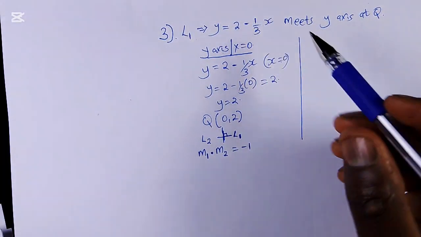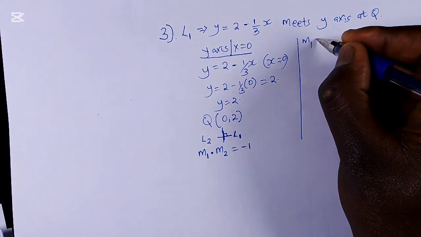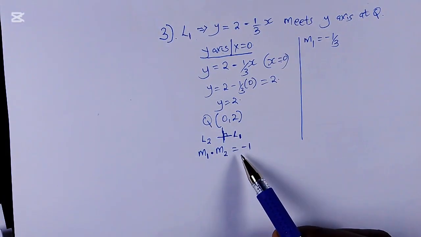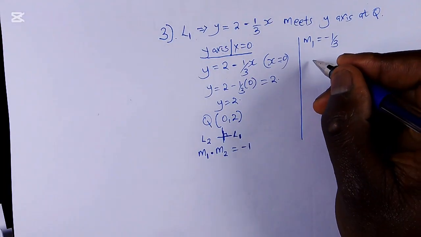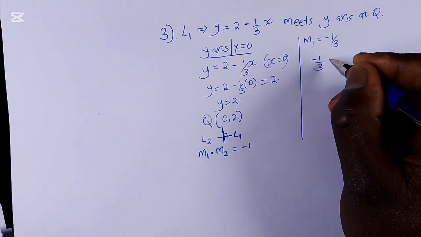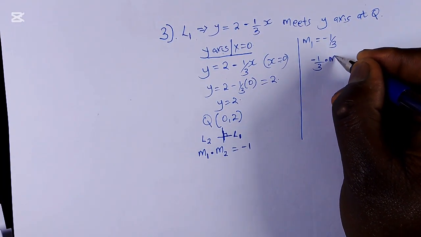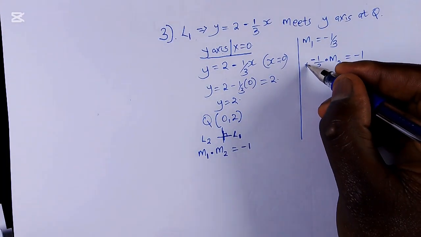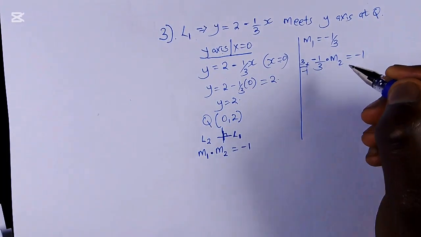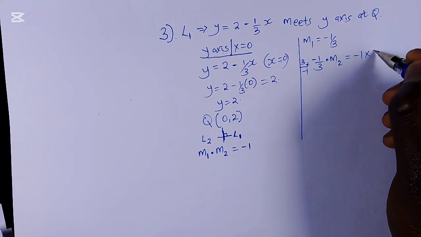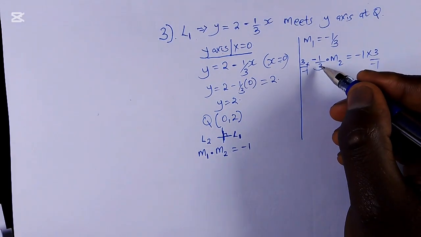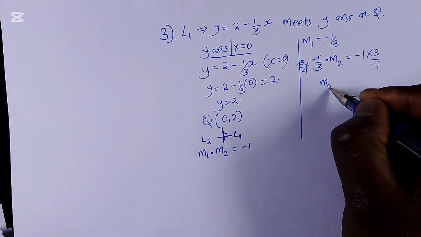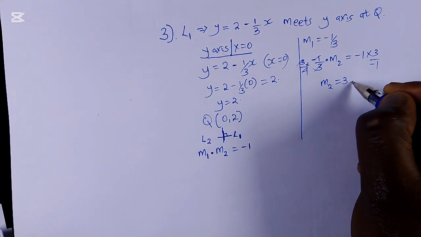Since we have the gradient of the first line as -1/3, we can determine the gradient of the second line: -1/3 multiplied by m2 is equal to -1. For us to get m2, we multiply both sides by the reciprocal. This will simplify, and we will be left with m2 equal to 3.